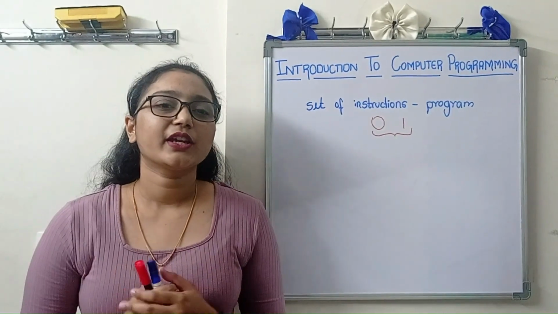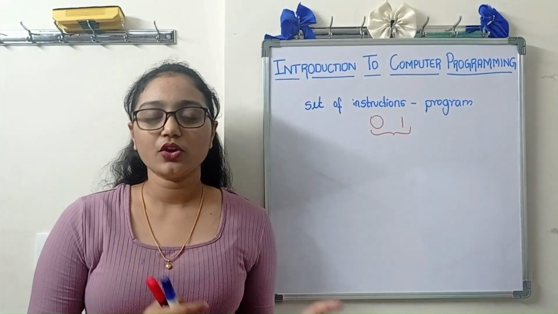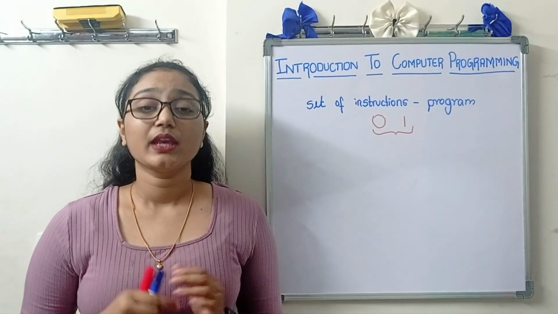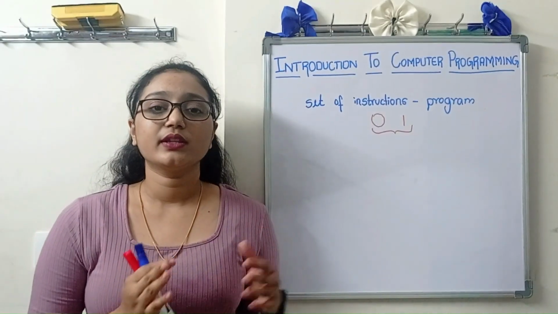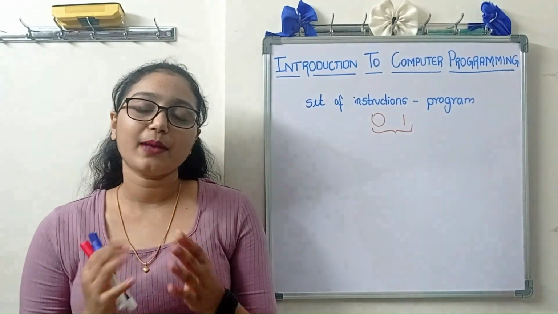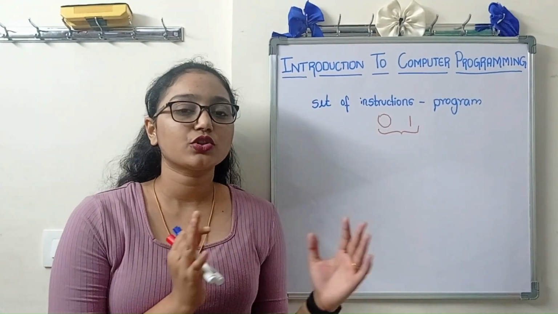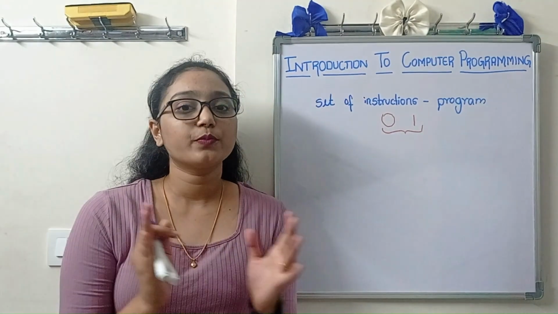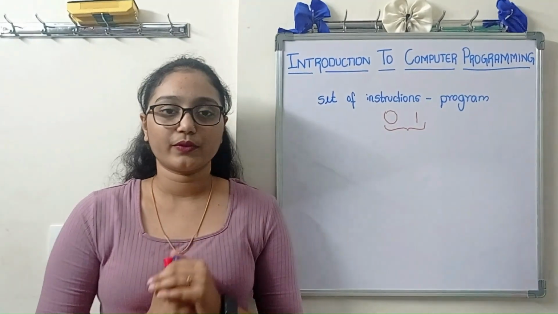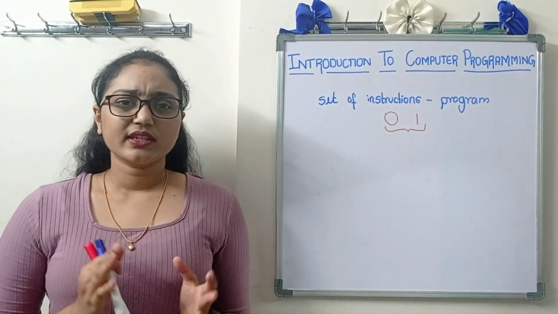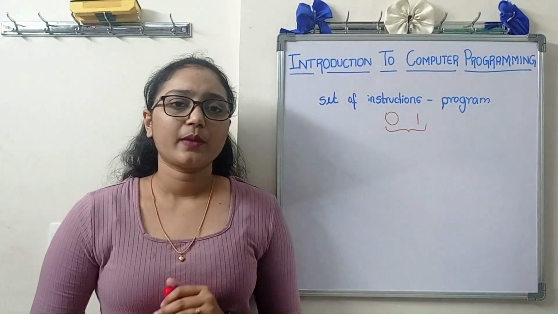Now consider that you have bought a new PC or a laptop for yourself. It is already coded with the system software or the application software. Software is nothing but a set of programs. Now, what is system software or the system program?